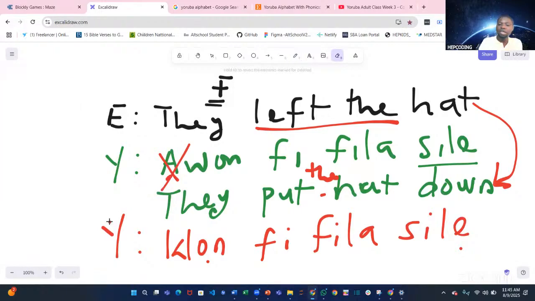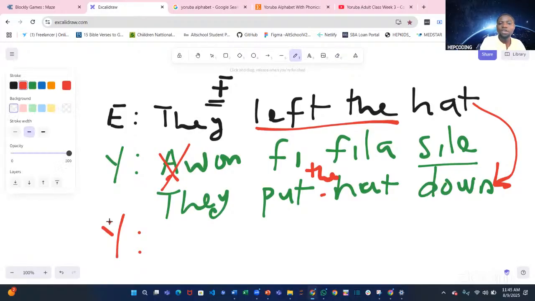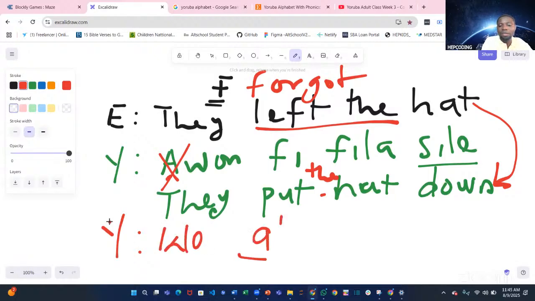The other way is this: this one doesn't really mean it in Yoruba like that. The other way is that they left the hat, if it means that they forgot the hat. If instead of left, it means forgot, Yoruba will now write it that wọ́n gbàgbé. This is where we are now using gbì.